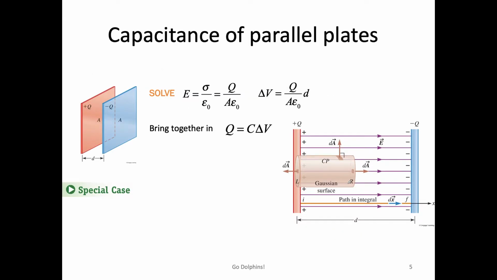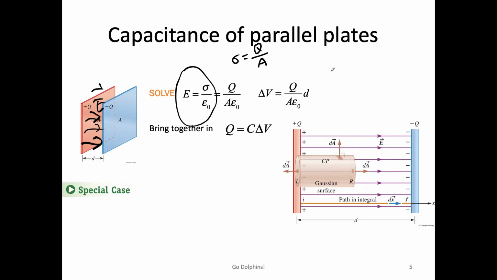We know from Gauss' law that if a plate carries charge density sigma, the electric field in between the two plates is sigma divided by epsilon 0. And sigma is the charge over area, so replacing sigma with Q over A, the electric field is Q over A epsilon 0.